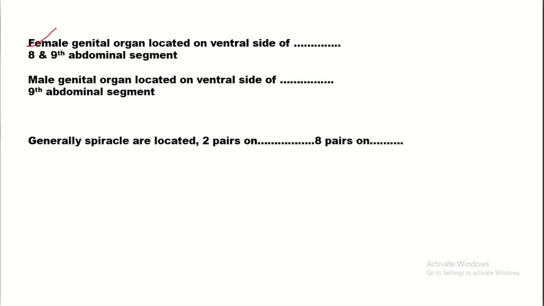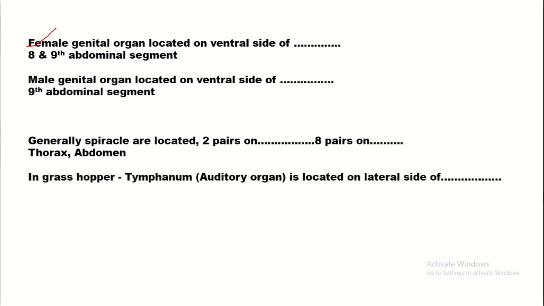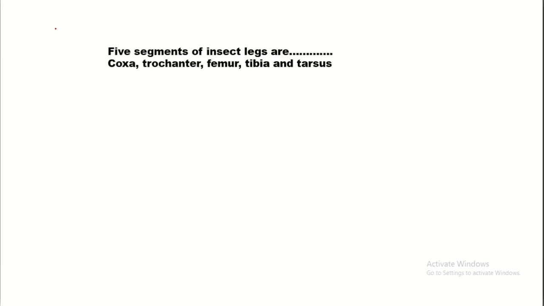Generally, spiracles are located 2 pairs on the thorax and 8 pairs on the abdomen. In grasshopper, the tympanum, an auditory organ, is located on the lateral side of the first abdominal segment. The 5 segments of insect legs are coxa, trochanter, femur, tibia, and tarsus.